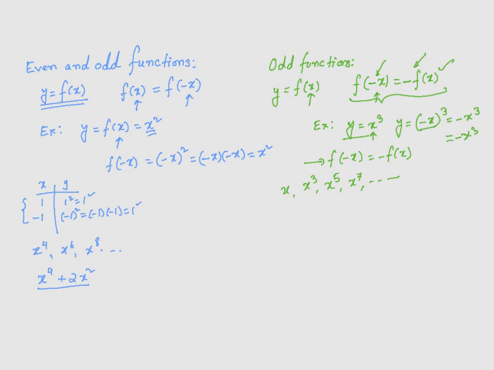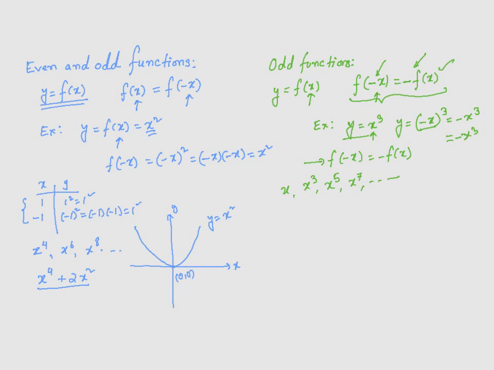Now let me talk about a couple of other properties of even and odd functions. An even function is symmetric about the y-axis. Here is an example to show you what I mean. This is our favorite function, y is equal to x squared, a parabola going through the origin 0, 0, so the vertex is at the origin.